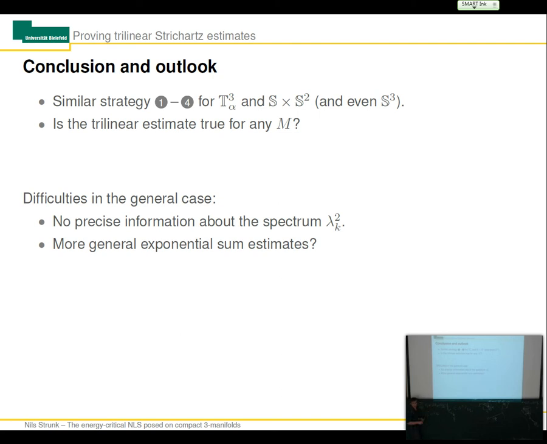One has to play around a little, and you will find it in the paper of Bourgain from 2007, I think. And even for the irrational torus, this specific kind of exponential sum estimate does not work. One has to go back to this one that is only in time, not in space. But still, the question is, are these exponential sum estimates true in a more general setting? Yeah, and that's all I wanted to say today. So thank you very much for your attention.